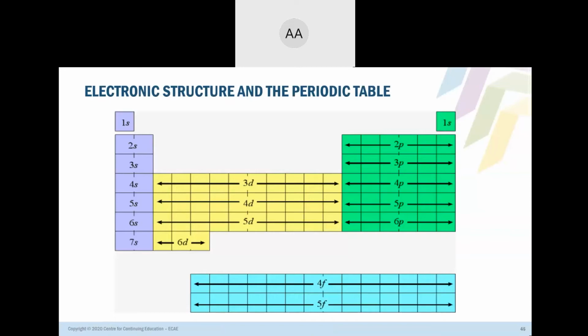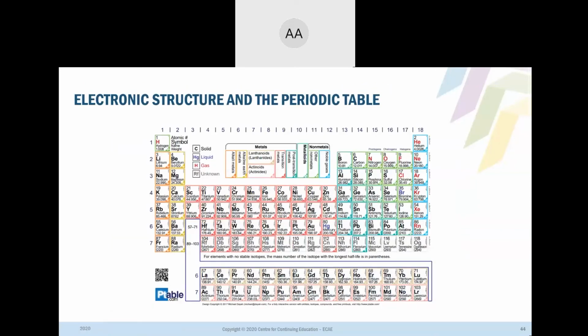So you can see this reminder diagram here shows you that if you look at helium, where it would be, or hydrogen, for instance, we're only looking at the first outer shell, 1s. And as we move through, you can see a pattern developing there. So according to the number of shells filled, the periodic table displays different atoms.